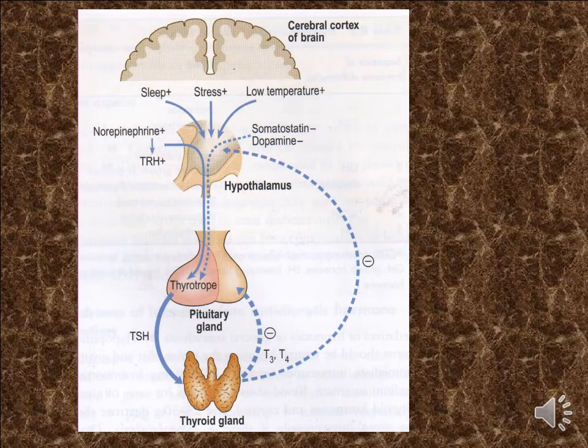So the hypothalamus secretes TRH, which stimulates the pituitary gland to secrete TSH, which stimulates the thyroid gland to secrete T3 and T4. When the concentration of T3 and T4 is very high, the hypothalamus is suppressed from secreting TRH, so there is no stimulation of the pituitary gland to secrete TSH, so no TSH, so the thyroid gland is suppressed from secreting T3 and T4, and the cycle continues.